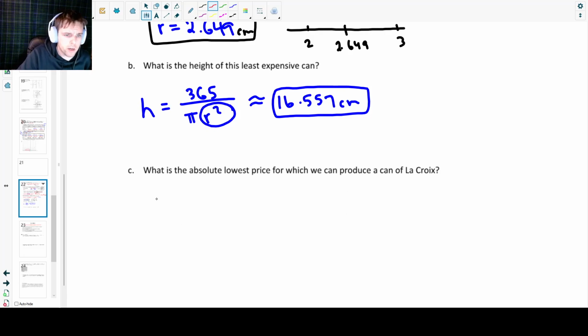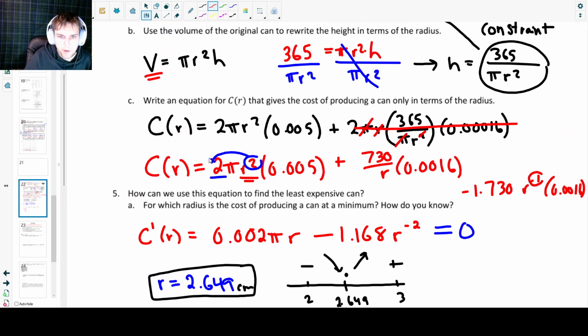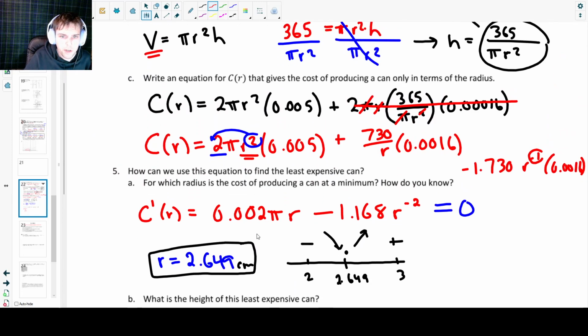So we're going to go back to our cost function, again based on radius, and we're just going to be plugging in that value of 2.649. Scrolling back up to our cost function, we're just replacing R with 2.649.